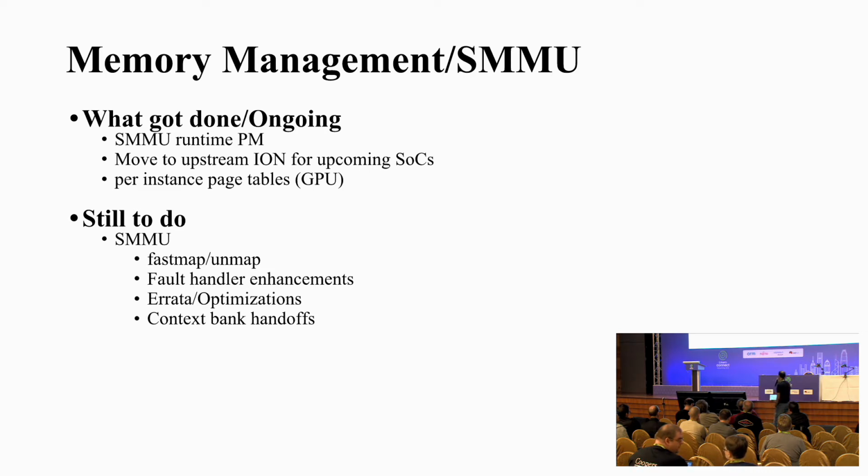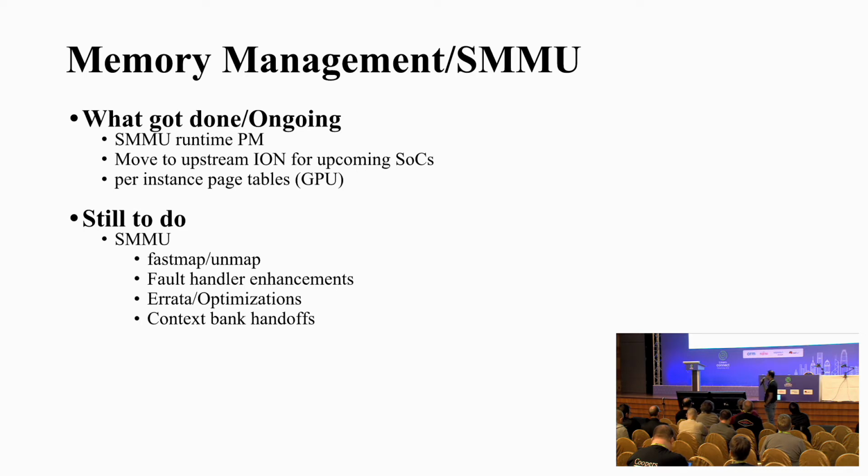Still to do, there are a few things. For IPA, we need a fast map on map. Fault handler, I think Rob posted some patches for those. And then there's a bunch of errata and optimizations in the downstream SMMU drivers, which need to be upstreamed.